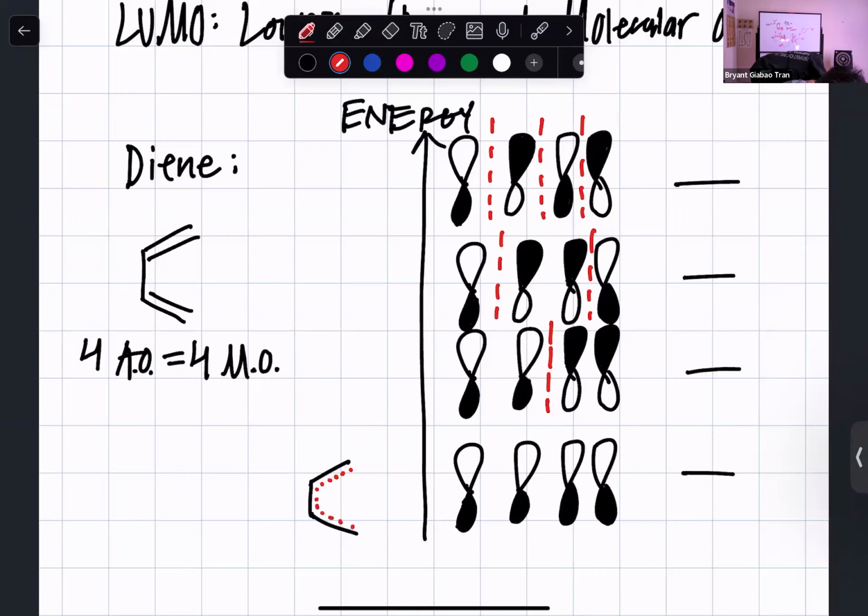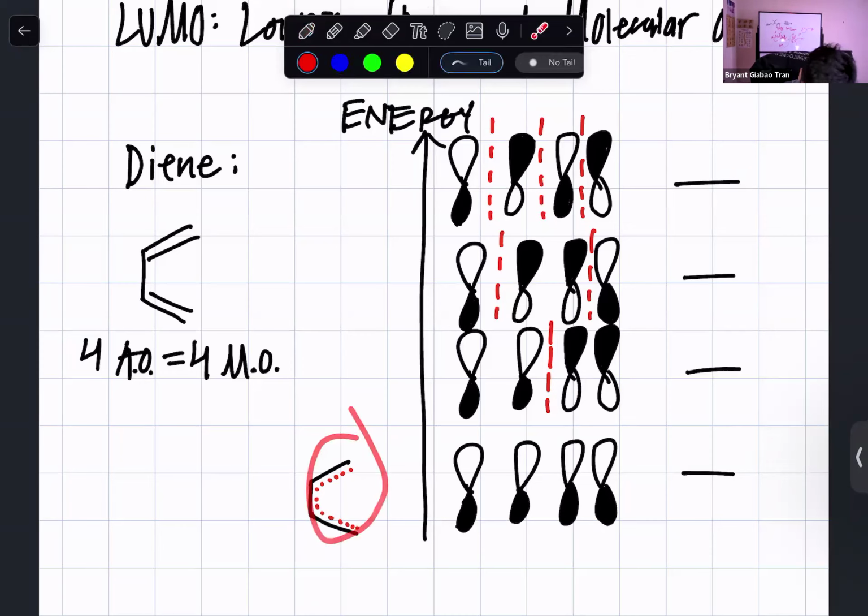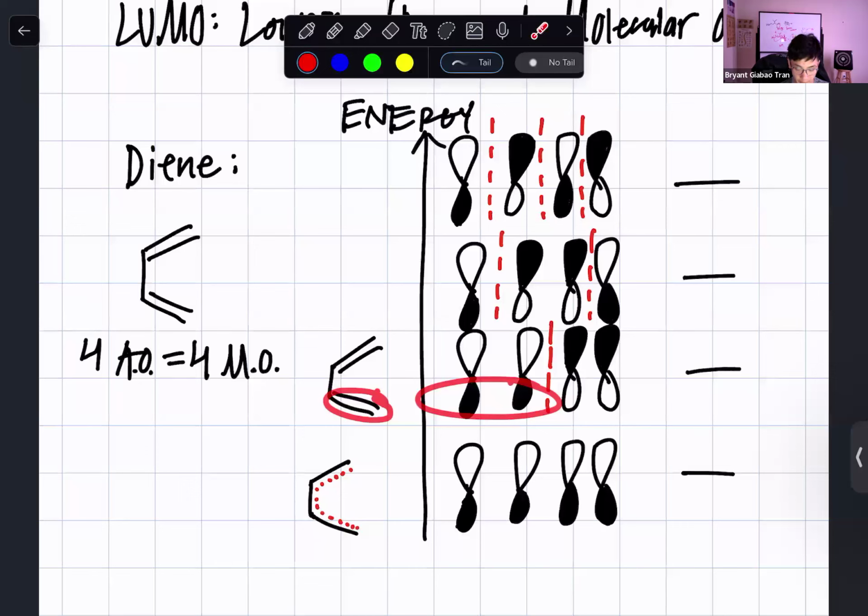So this is also known as the resonance hybrid of the diene. But if we increase the node right here, now we see separation between the two atoms, right? Which is going to represent this right here, because we see these two p orbitals here overlap with each other, which is these two p orbitals overlapping with each other there, right?